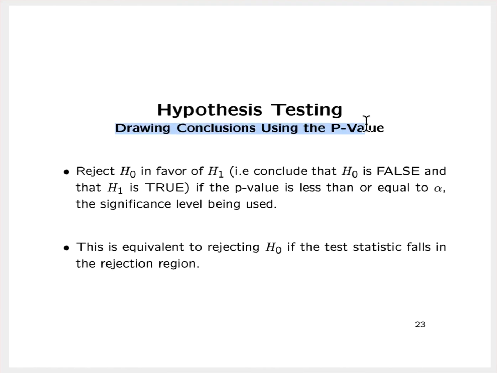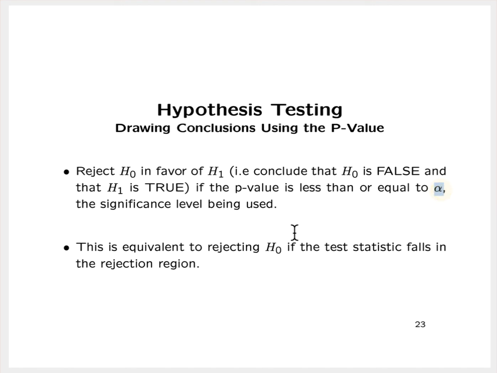Now, how do we use the p-value? We use the p-value to draw conclusions. And how do we do that? Well, we reject the null hypothesis in favor of the alternative if the p-value is less than or equal to alpha.